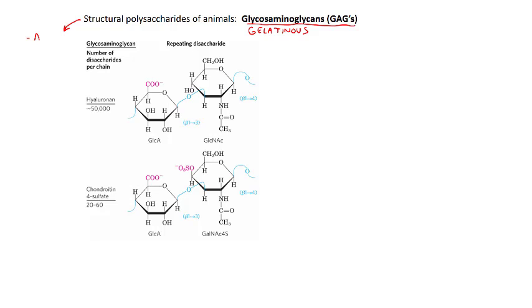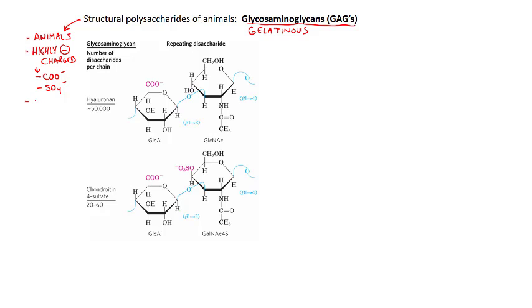Glycosaminoglycans are mostly in animals, although some non-animal creatures also make similar looking molecules. They are highly negatively charged, and the reason they are highly negatively charged is because they contain many carboxylic acid or sulfate groups, or I think in some rare cases nitrate groups as well.